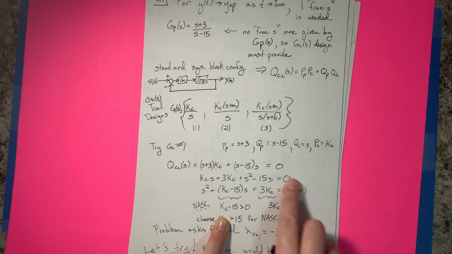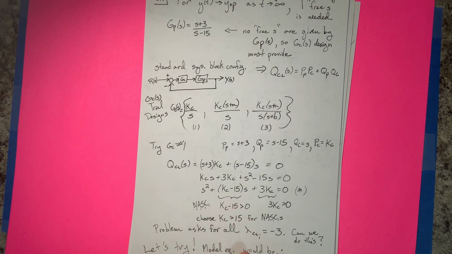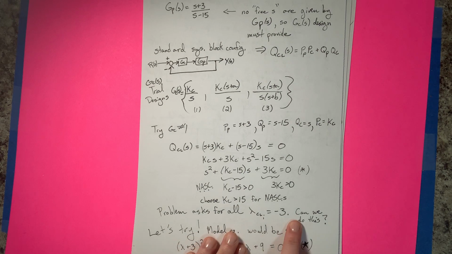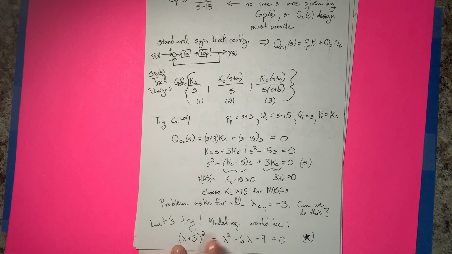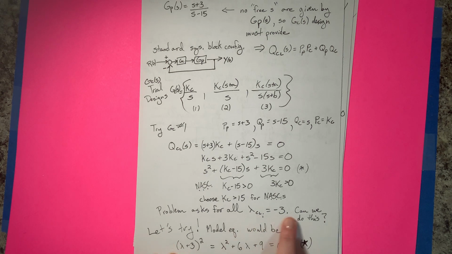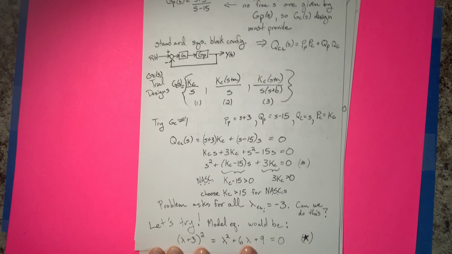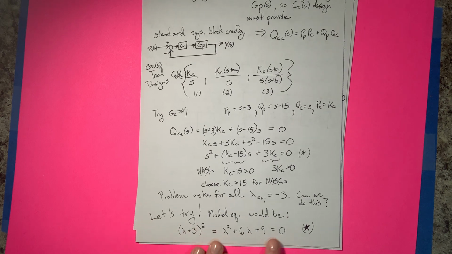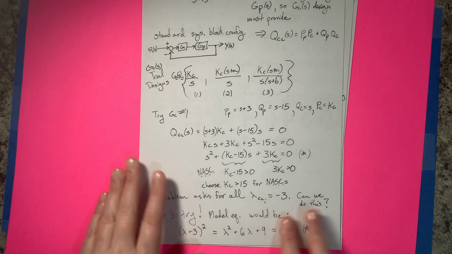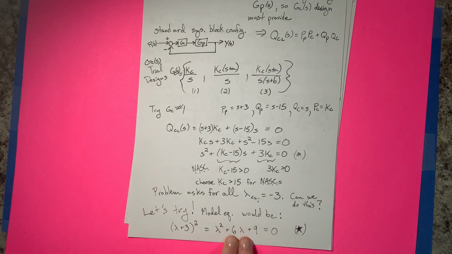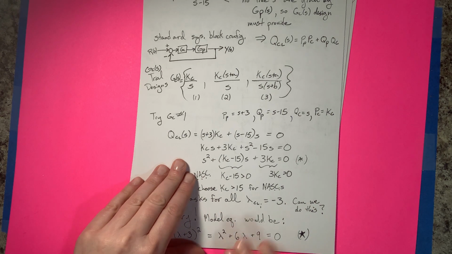This would work, except when we go and form our model equation for the closed loop poles all placed at -3, that's a second order equation. Once we expand it out, we get what I call equation pointy star, the bolded one. When we compare these and form our equations for our control gains, we find that we actually can't solve for them.